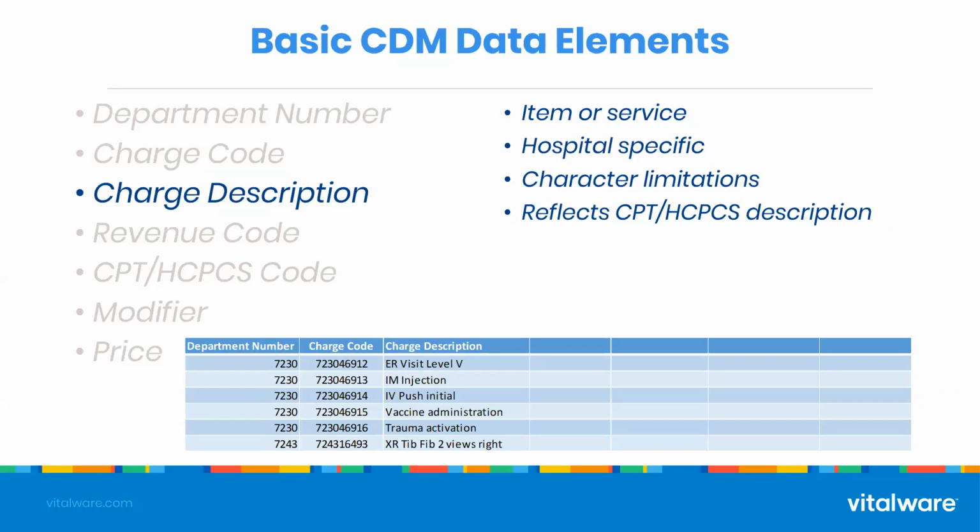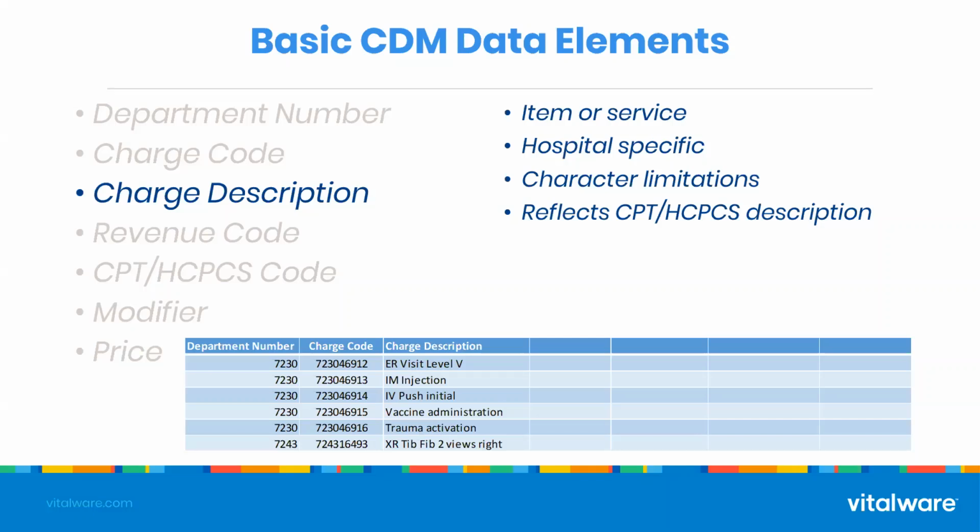The next element is the charge description. This is a text description that identifies the item or the service. Again, these are also hospital specific, so each hospital comes up with their own verbiage for each charge description.